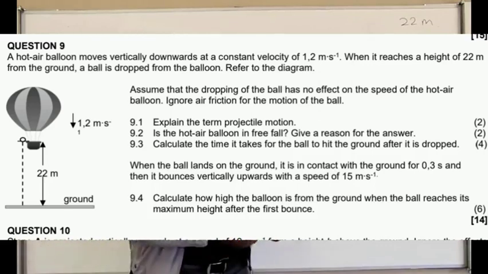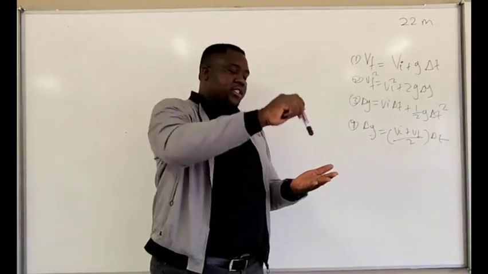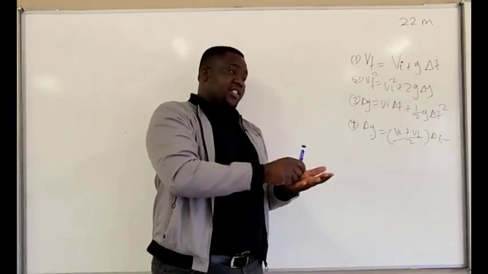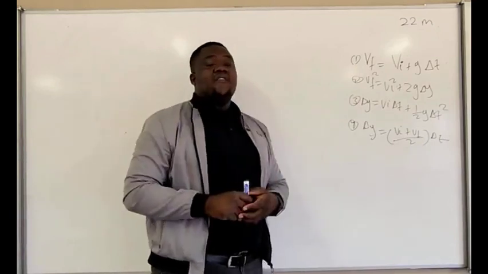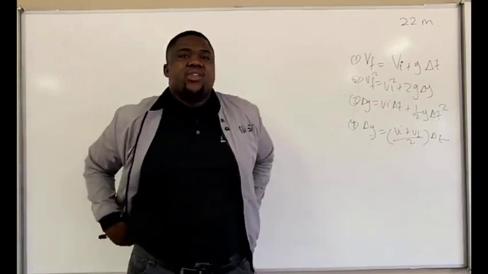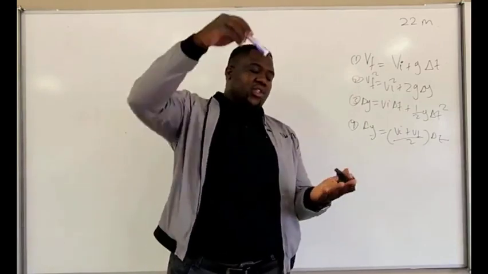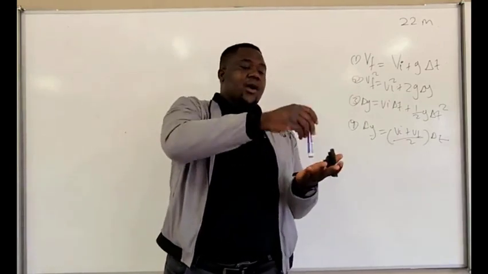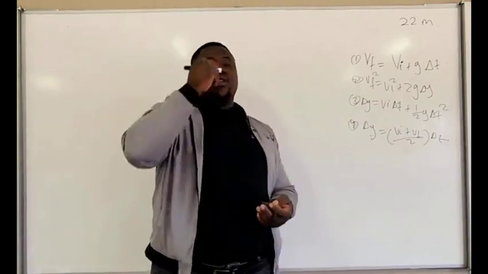So the ball was dropped, it hits the ground, then bounces. I've always maintained that to bounce is when you return to the air. To bounce is not to touch the ground.